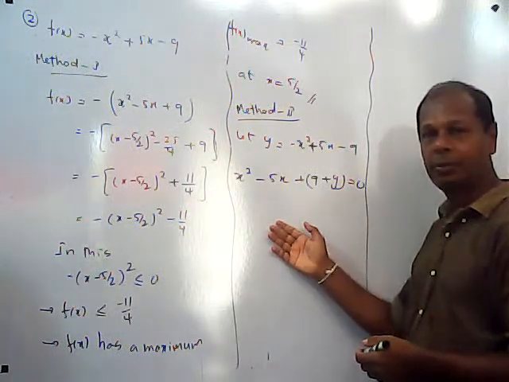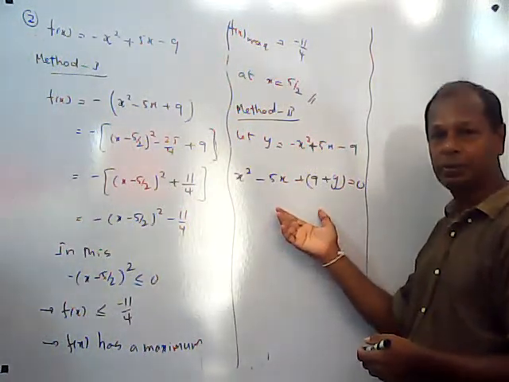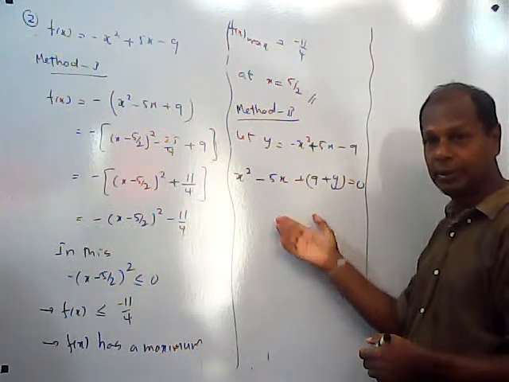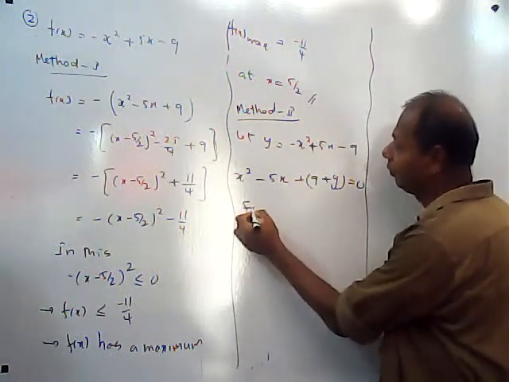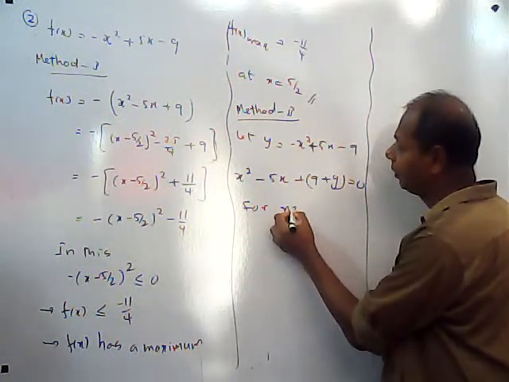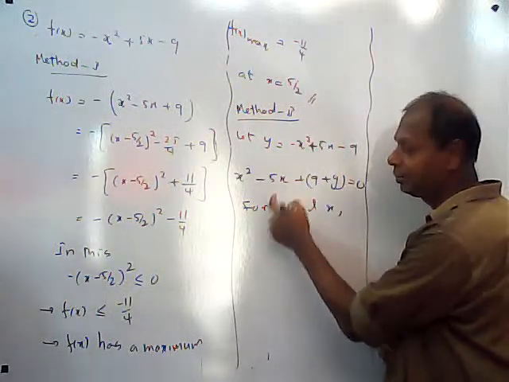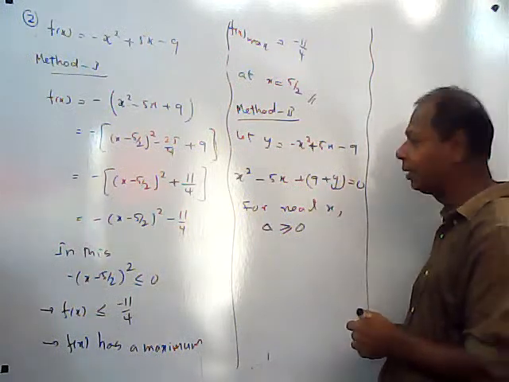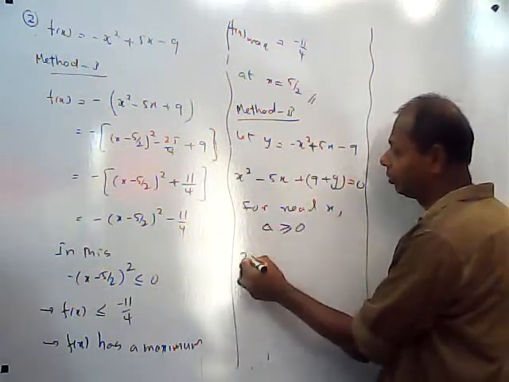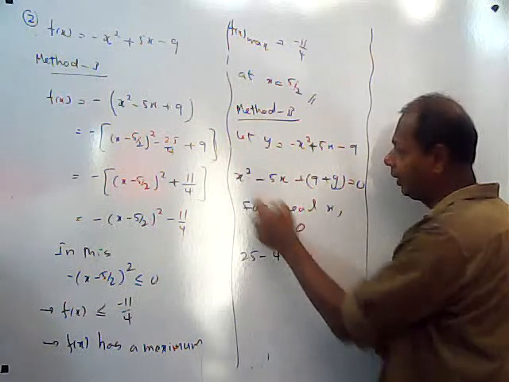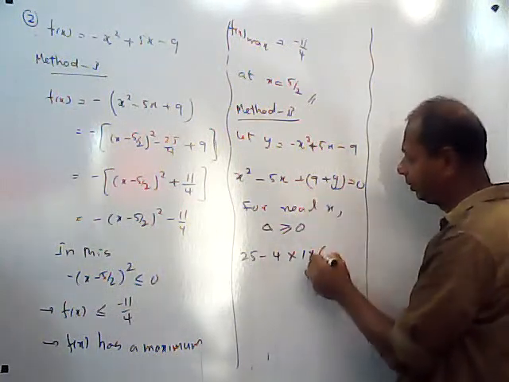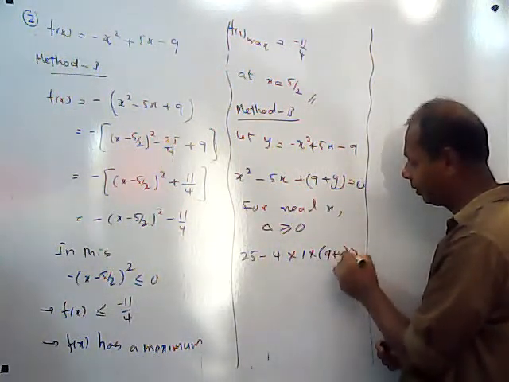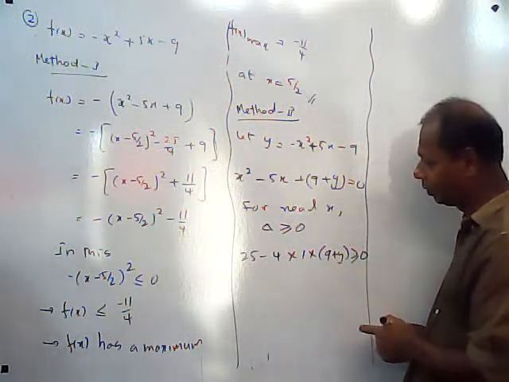Right, then our argument. This is a quadratic equation in x, and for x to be real, the requirement is that delta is greater than or equal to 0. Delta is b squared minus 4ac, so 25 minus 4 times (9 plus y) is greater than or equal to 0.